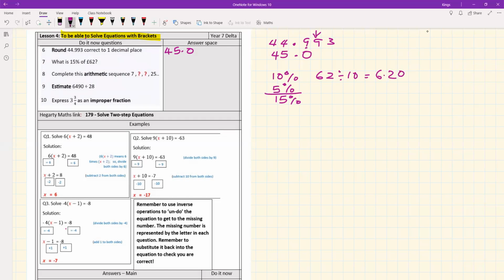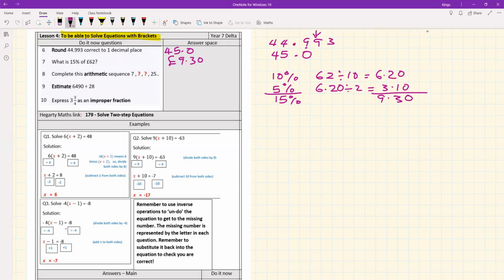And 5% is half of 10, so I'm going to half £6.20, and that should give us £3.10. Now, if you add the two together, that gives us £9.30p. So 15% is £9.30p.